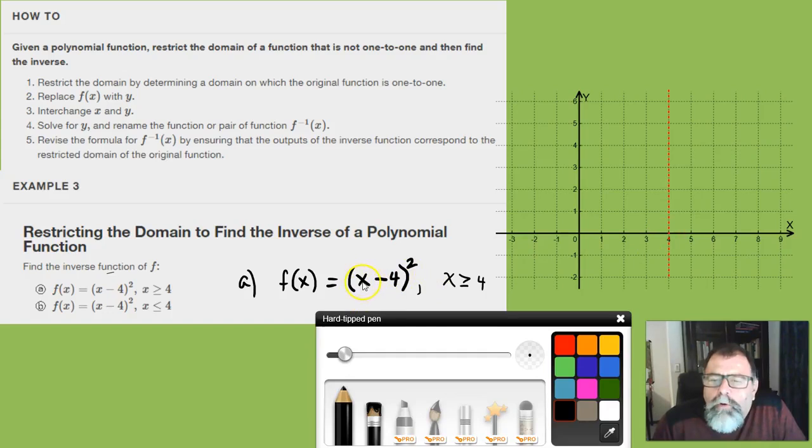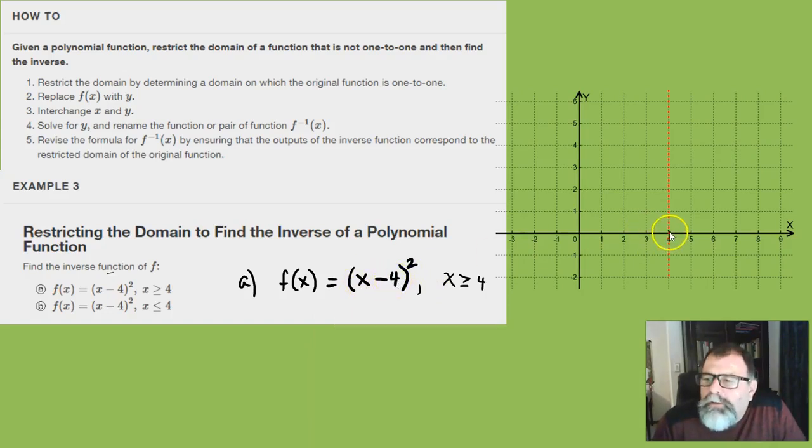So if you put in 4, 4 minus 4 is 0, 0 squared is 0. 5 minus 4 is 1. 1 squared is 1. So we get the parabola, just the right side of it.